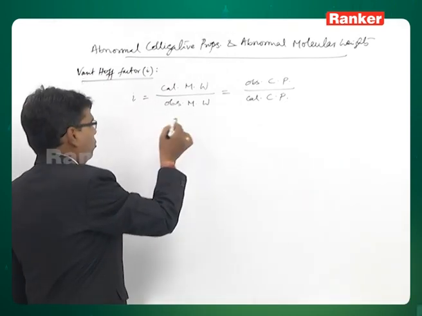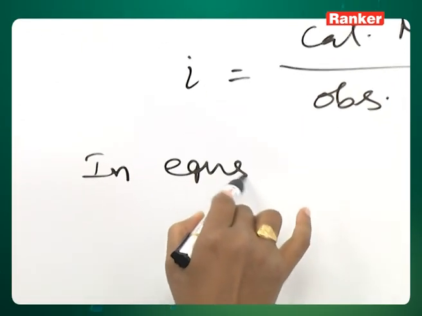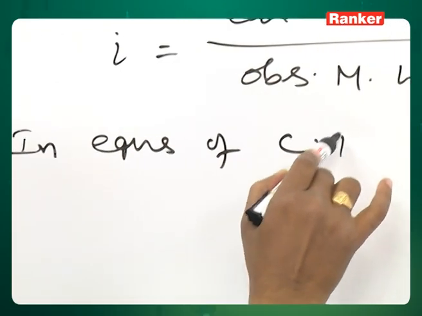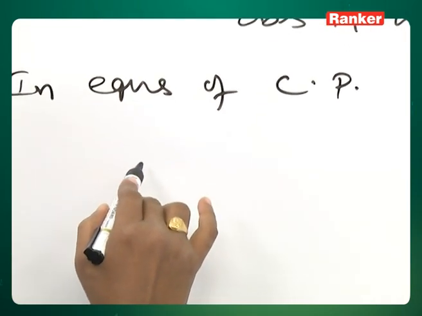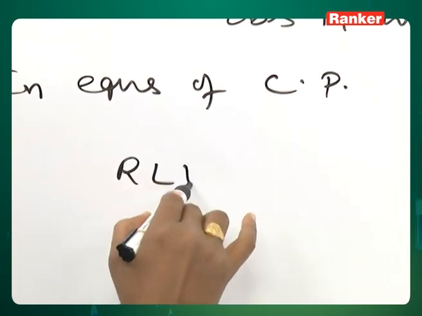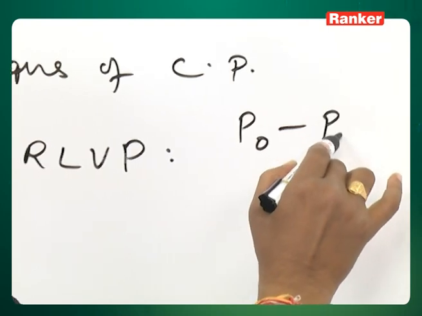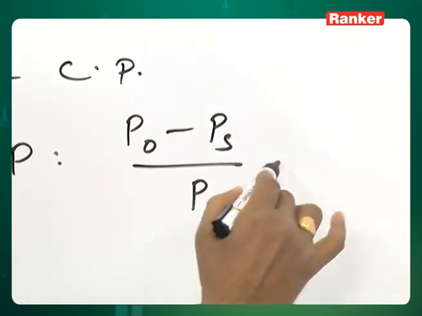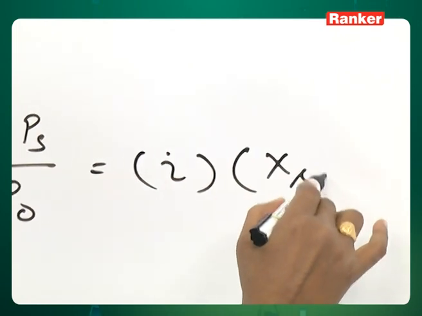Now, this is incorporated in the equations of colligative properties. In case of vapor pressure, the relative lowering of vapor pressure of a solution, P naught minus Ps by P naught, is equal to i into the mole fraction of solute.